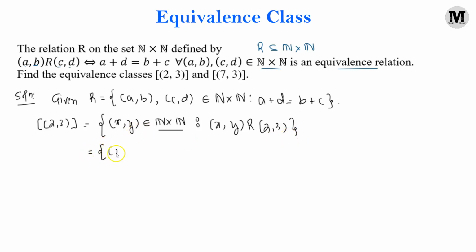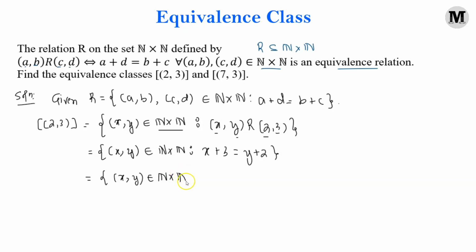In other words, what we have here is the ordered pair (x, y) belonging to the Cartesian product of N with itself, such that (x, y) related to (2, 3) simply means that we take the sum of the outer elements, that's x added to 3, and that's equal to the sum of the inner elements, that's y + 2. Now we can rewrite the set as the set of ordered pairs (x, y) in N × N such that we can rearrange the terms of the equation x + 3 = y + 2. That gives us y = x + 1.